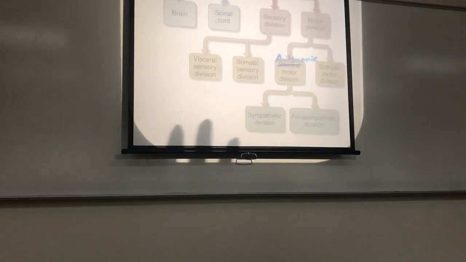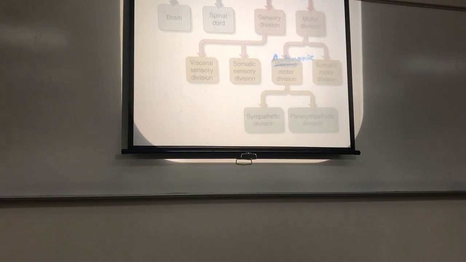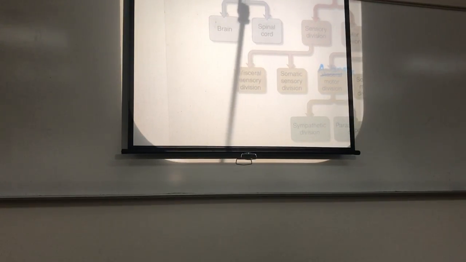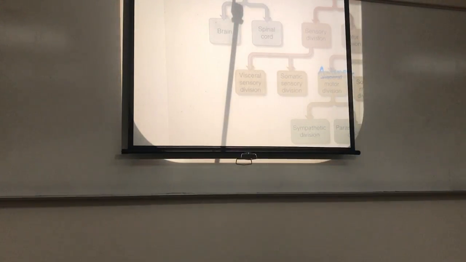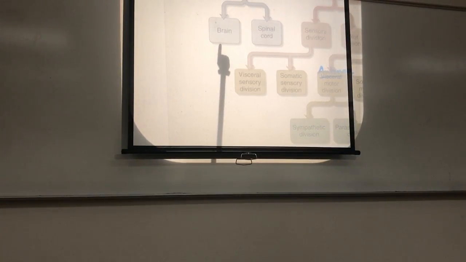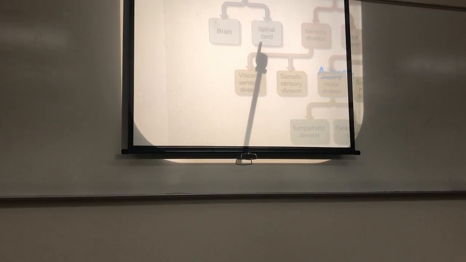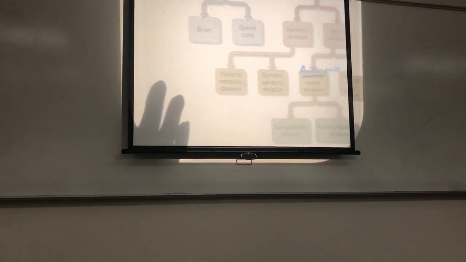We see it as being organized into two main sections. There is what is called the central nervous system, which is composed of the brain and the spinal cord. Brain and spinal cord form the central nervous system.